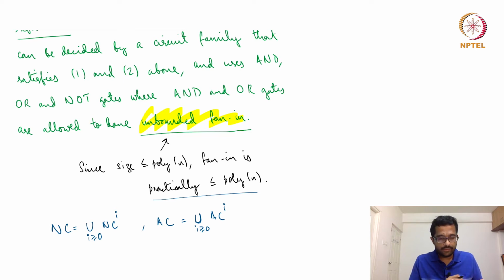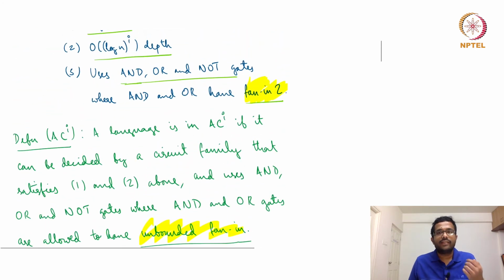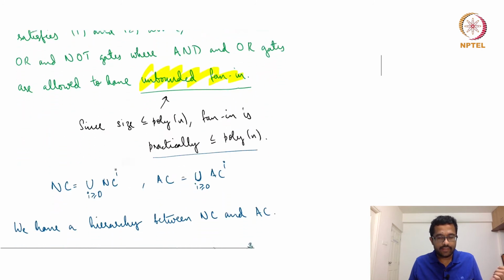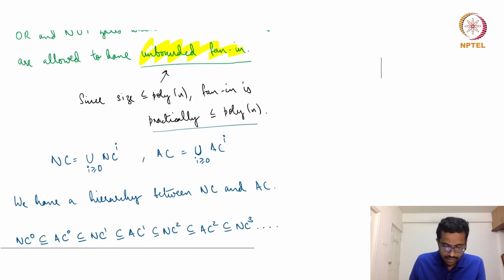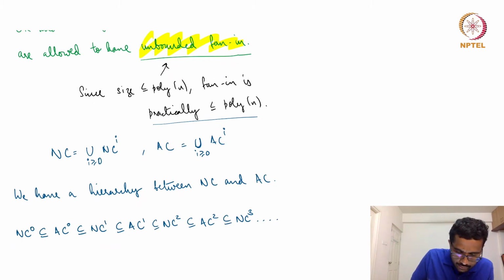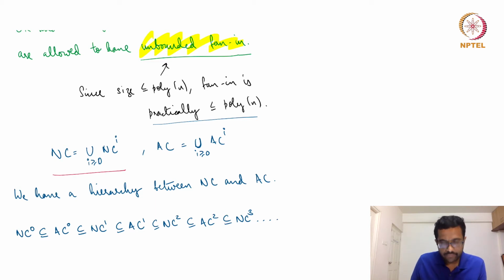In the case of NC^i, the AND gate and OR gate cannot have fan-in more than 2, but in the case of AC^i they could have unbounded fan-in. And the class NC, without any superscript, is nothing but the union of all the classes NC^i, and similarly the class AC is the union of all the classes AC^i. So it's an infinite union.